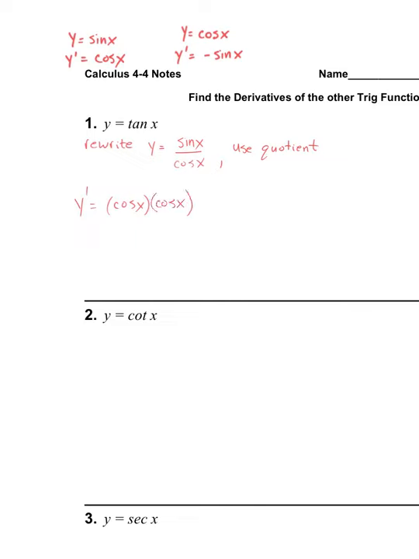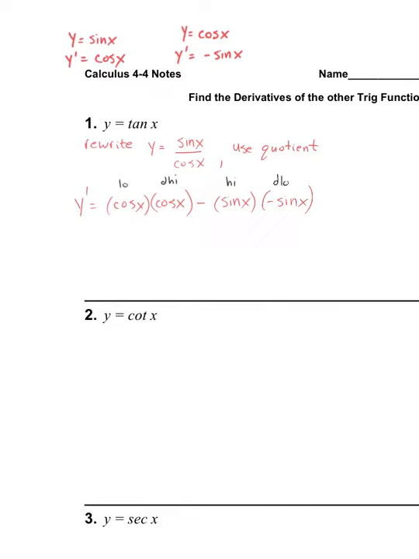So that's our quotient rule, low d high. Now it's minus the high function as is, so the sine of x. And then we come back with d low. The derivative of the cosine is negative sine of x. So there is high as is times d low.